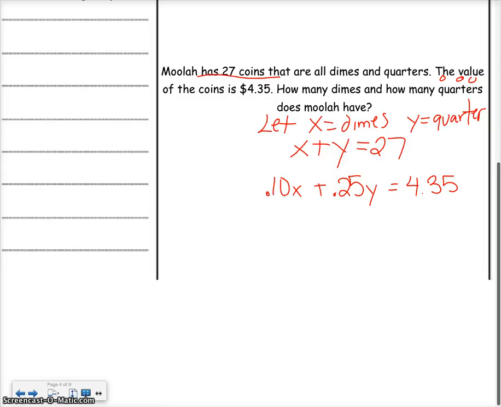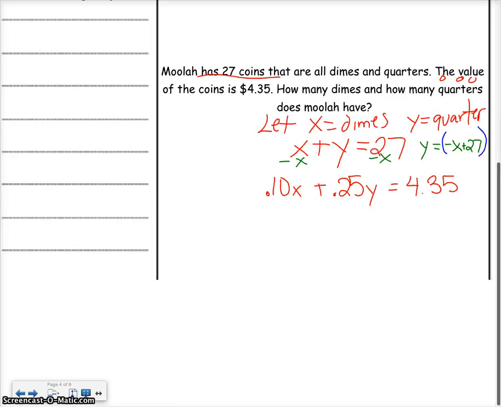I can solve this one because I can easily find a substitute, so you have everything you need for this one. I'm just going to subtract my x over and get y alone, since that's what we typically do. And you get y equals negative x plus 27, right? Can you see that? Found my substitute.